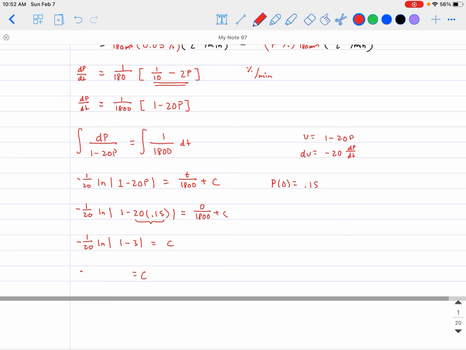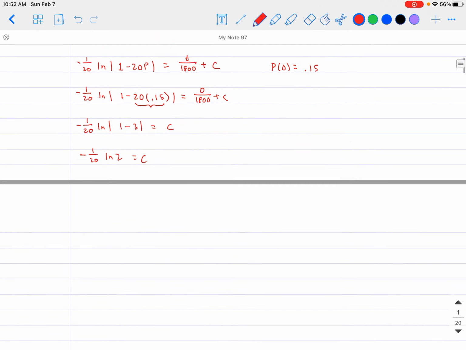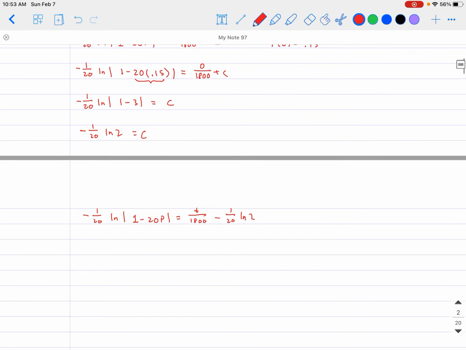So c is equal to negative 1 over 20 multiplied by the ln of 2. Okay, plug it back into our equation. So negative 1 over 20 multiplied by the ln of 1 minus 20p is equal to t divided by 1800, and then we substitute c in there, which is negative 1 over 20 times the ln of 2.